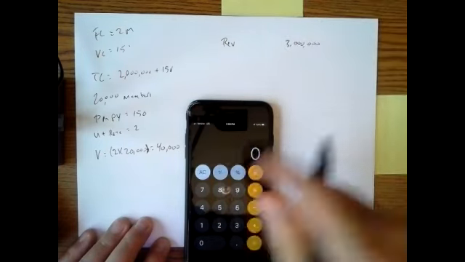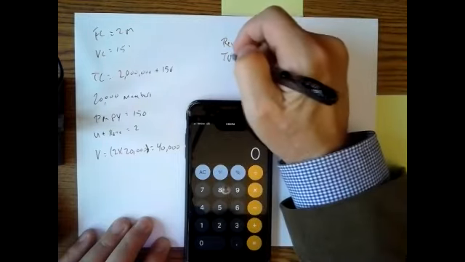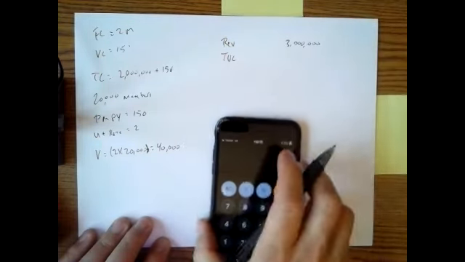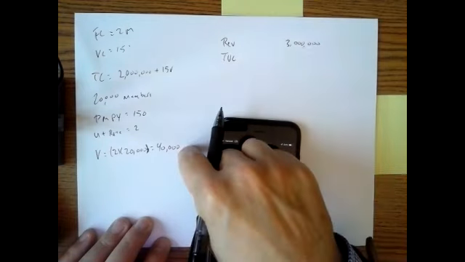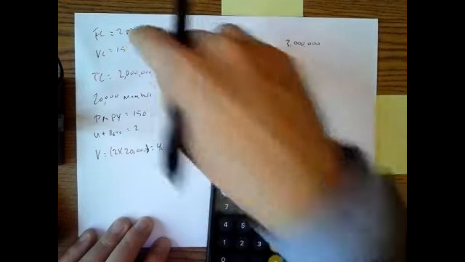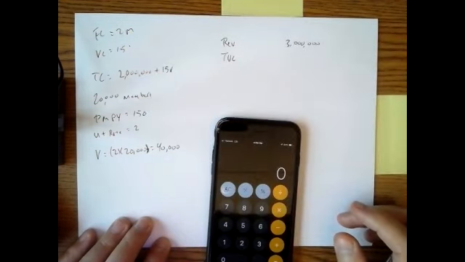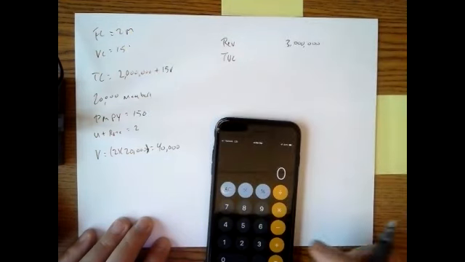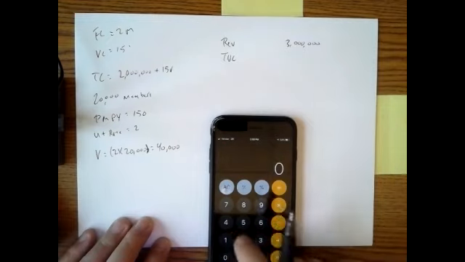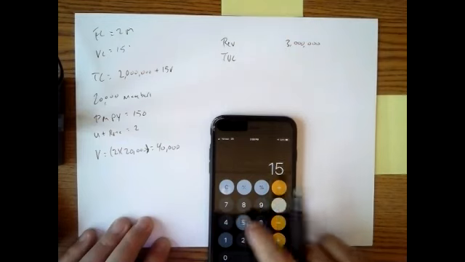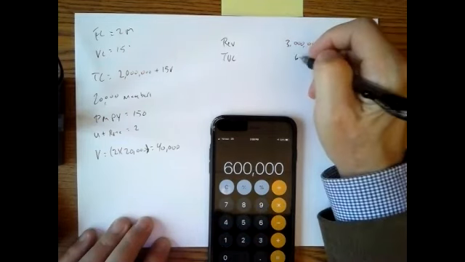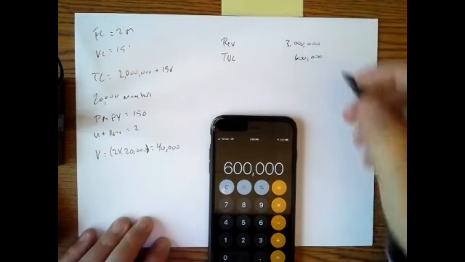Now the total variable cost is going to be based not on the number of members per se, but on the number of visits and the variable cost per visit. So 40,000 visits times $15 per visit gives us $600,000 in variable costs.